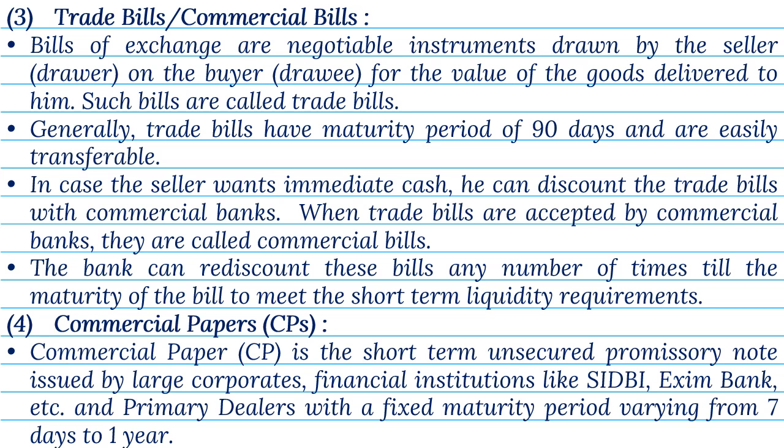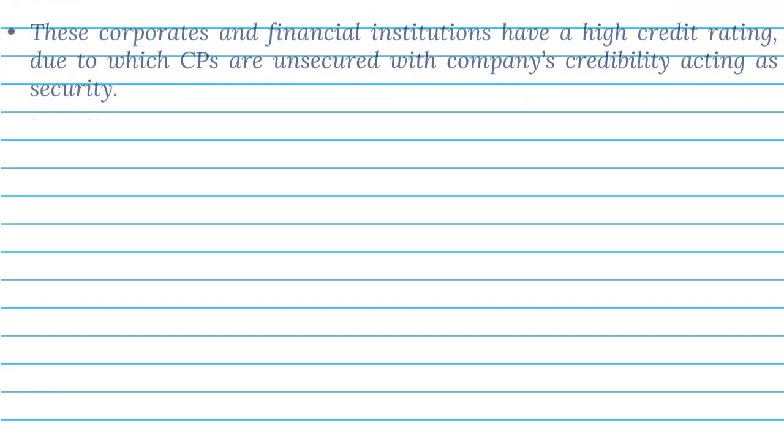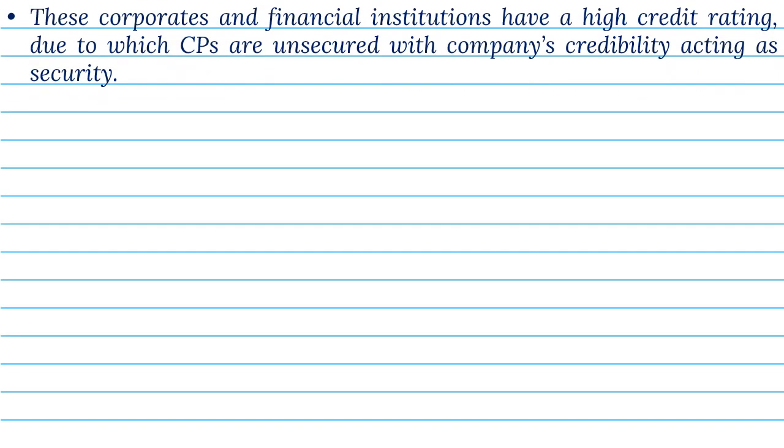4. Commercial papers, CPs. Commercial paper, CP, is the short-term, unsecured promissory note issued by large corporates, financial institutions like SIDBI, Exim Bank, etc., and primary dealers, with a fixed maturity period varying from 7 days to 1 year. These corporates and financial institutions have a high credit rating, due to which CPs are unsecured, with companies' credibility acting as security.